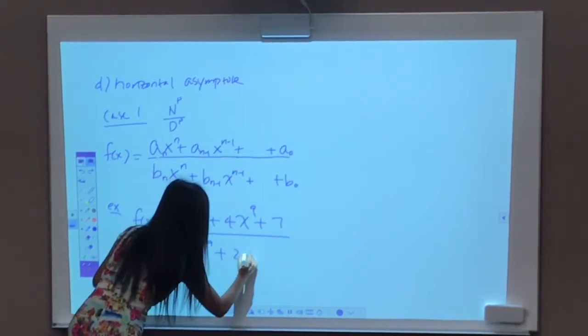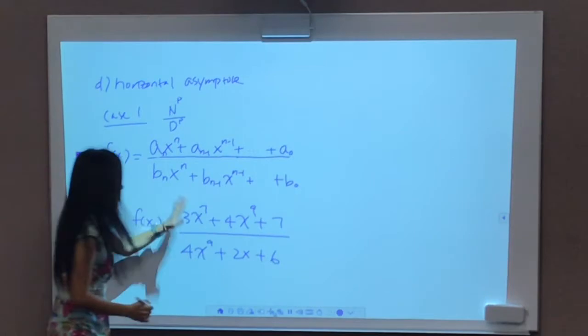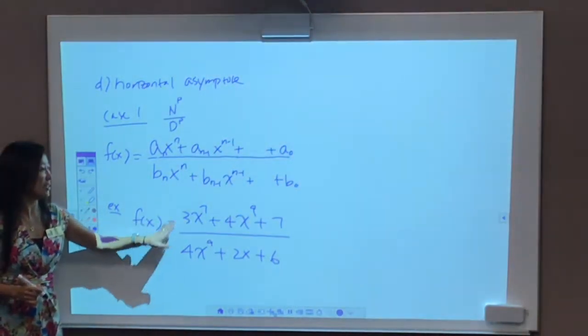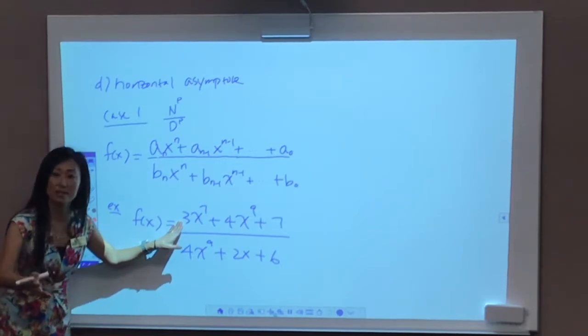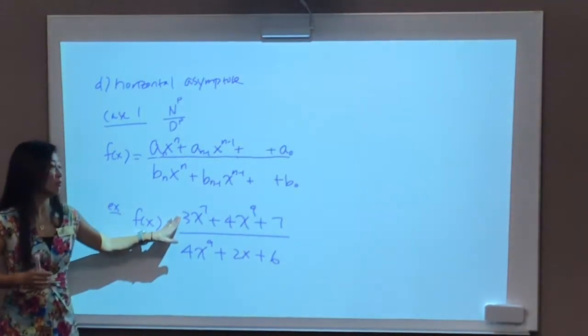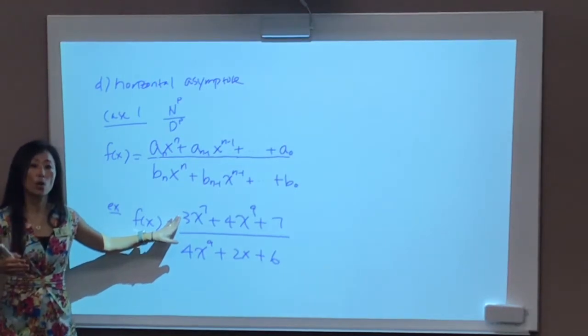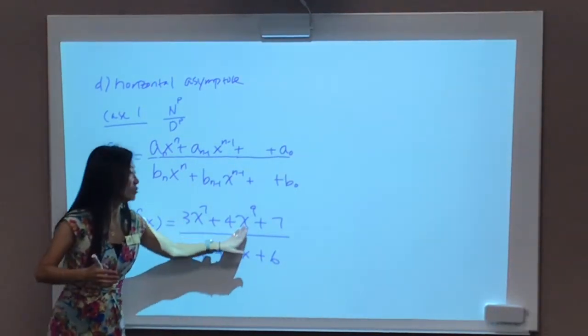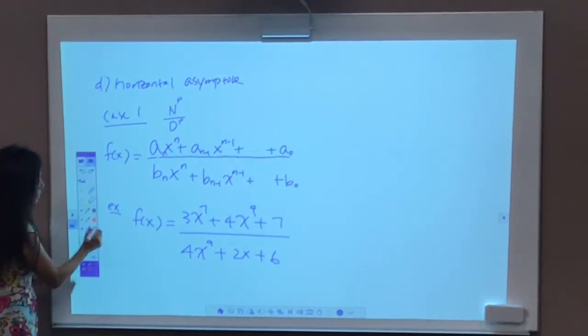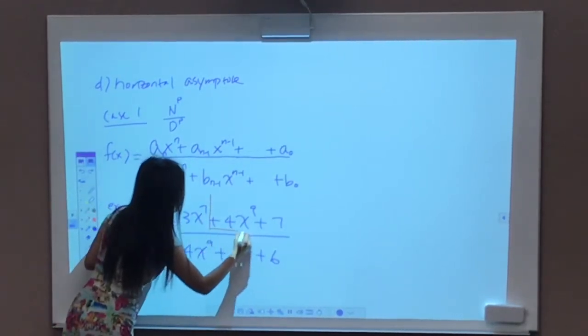I have this and I have this. I didn't write down the terms in this order purposely, because I want you to see which one is the leading term. Look at the numerator. Which one is the leading term? 4x to the 9 is my leading term. So I will only worry about this part. Okay, look at the denominator. What is my leading term?